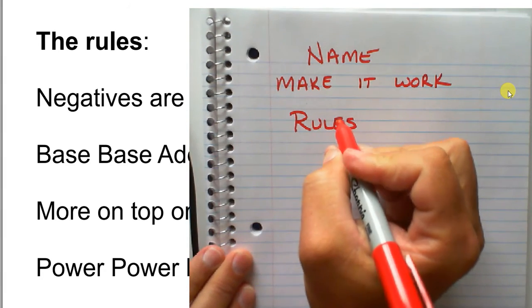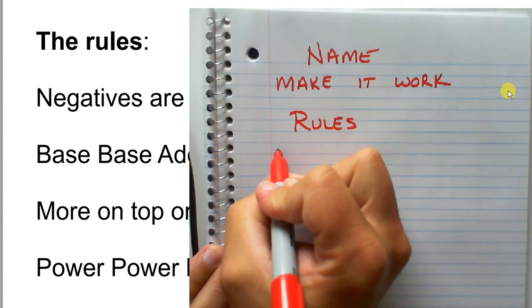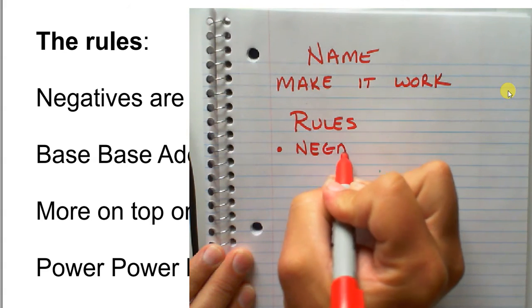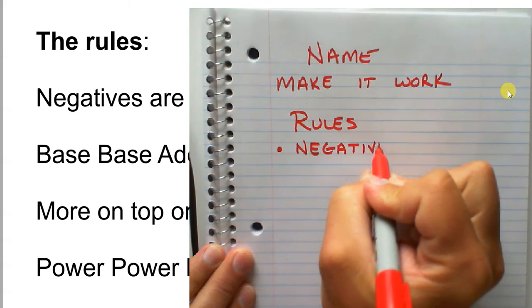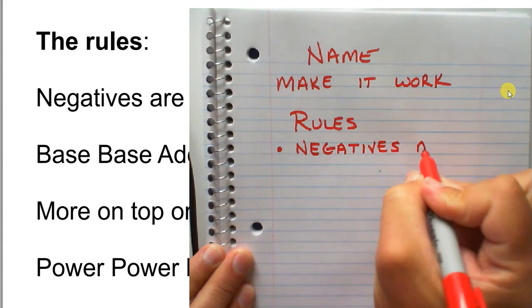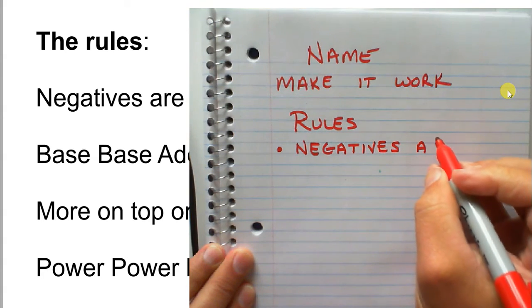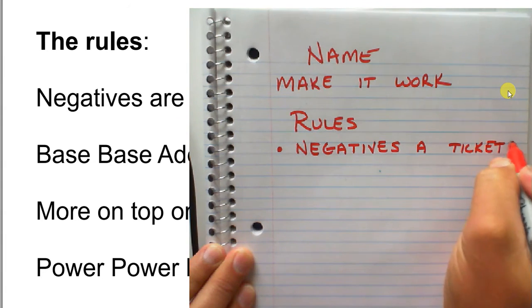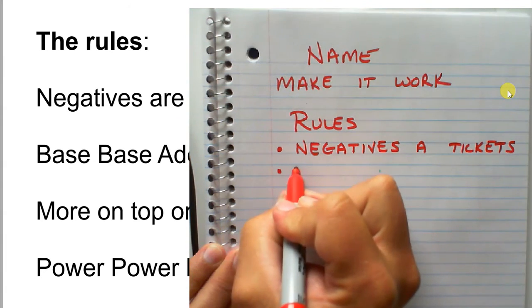We know negatives are tickets. We know base, base, add.